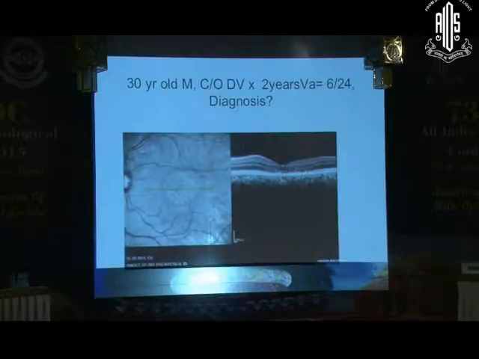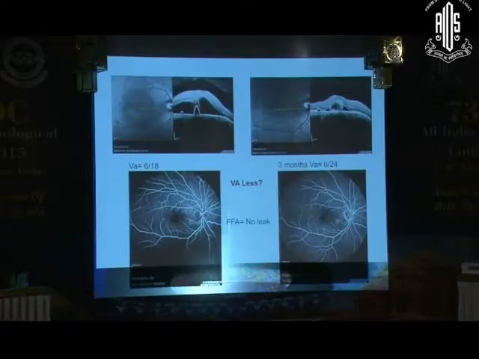There is a 30-year-old male patient diagnosed with defective vision for 2 years, visual acuity of 6/24, and there is some difficulty in diagnosis. If you see the fundus photo on the left side, it looks like some macular degeneration, but when we do the OCT, you can see on the right side there is fluid, which helps in the diagnosis as CSCR.